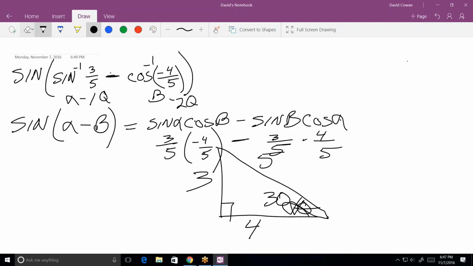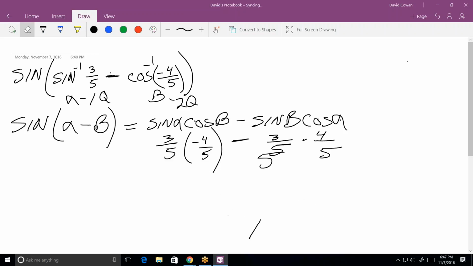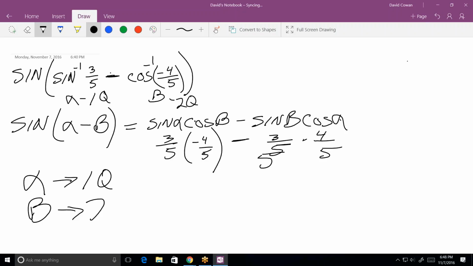Now let me erase the triangle so I can write more here. In other words, alpha is first quadrant, beta is second quadrant. We know that from this information up here, because cosine is negative.